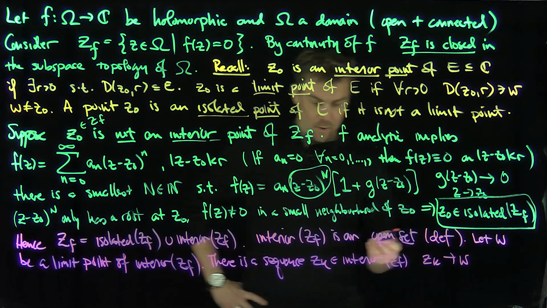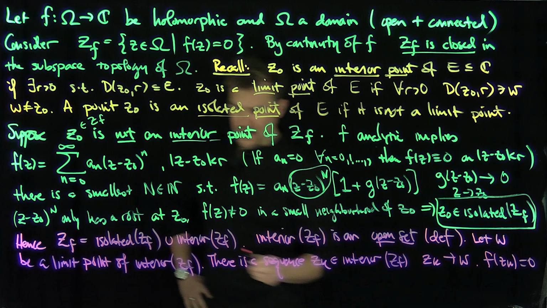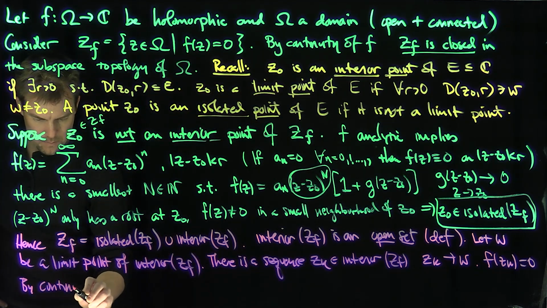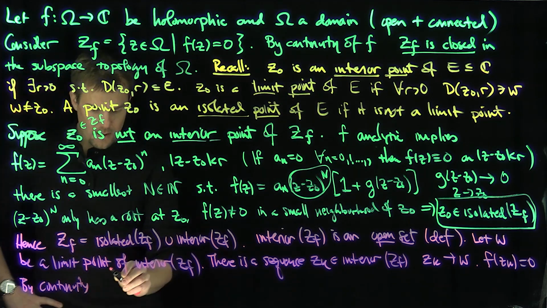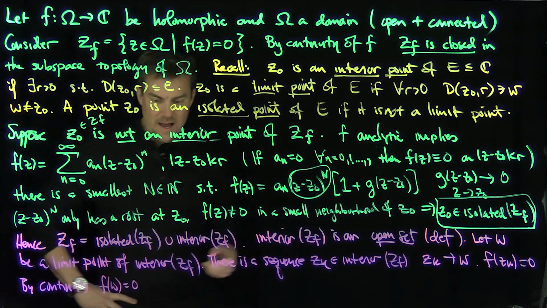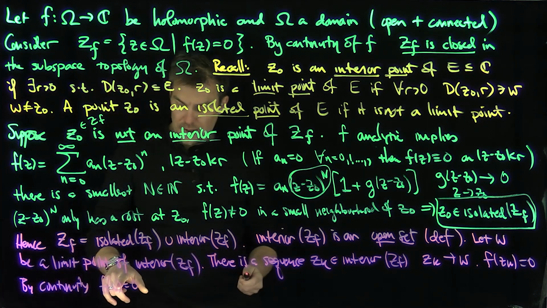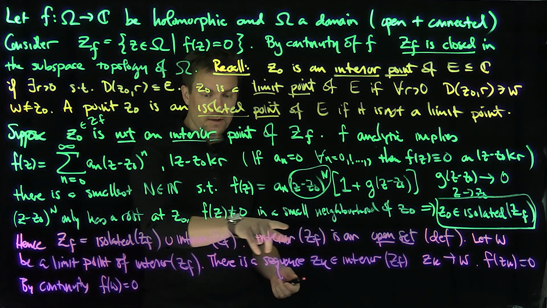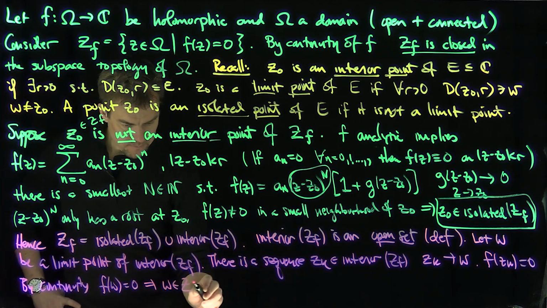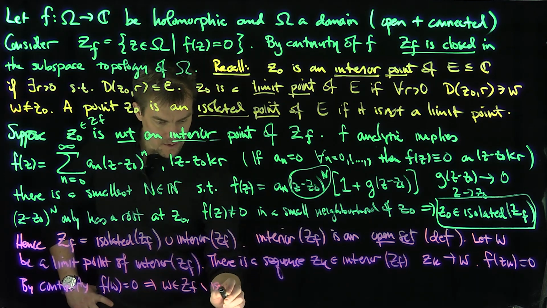Well, f of z_k is 0. So by continuity, f of w is 0. That implies that w is in Z_f, but w cannot be an isolated point.